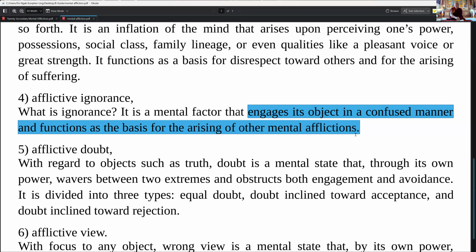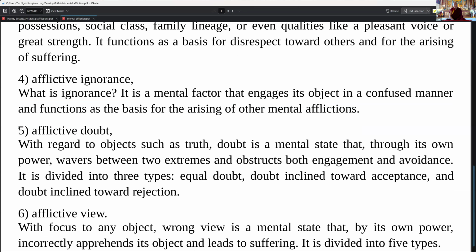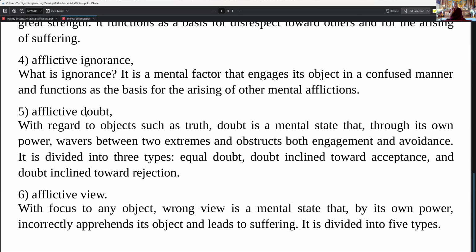And then the next one, the sixth, is defilement doubt, the doubt or mental afflictive doubt, because not all doubt is necessarily defilement, right?